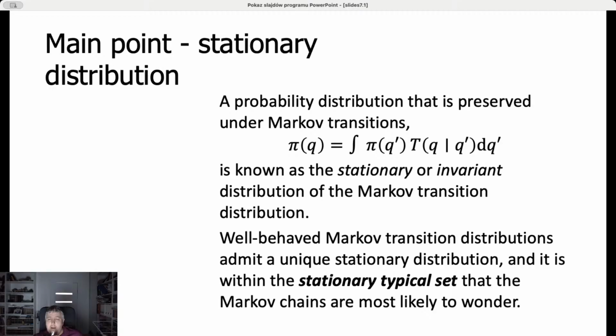However, if this Markov chain is properly behaved, so it has a stationary distribution, it's ergodic and stuff like that, then the points from the Markov chain will be in the typical set of the Markov chain's stationary distribution. At least most of them.